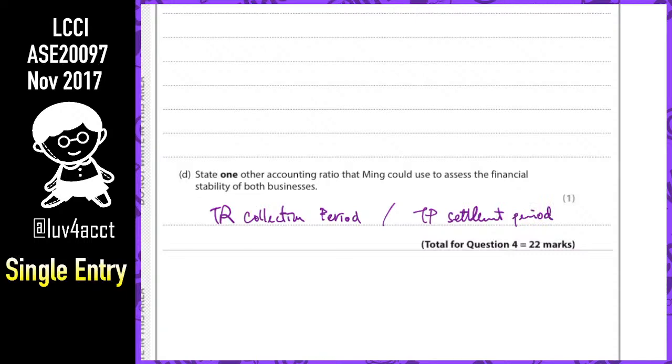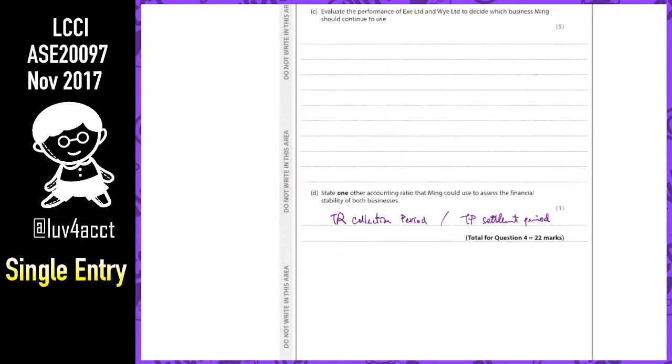How well these suppliers are paying their own suppliers. Because if they are able to pay, then that means they are able to get the goods that we need. Okay, so 22 marks for question 4.